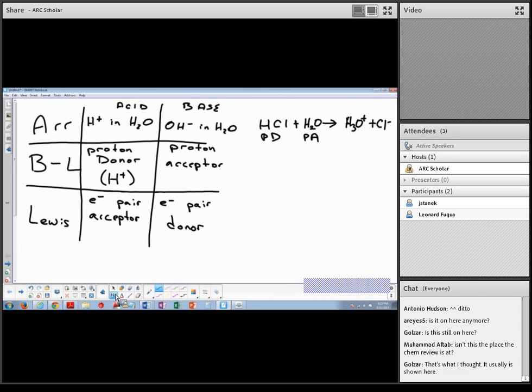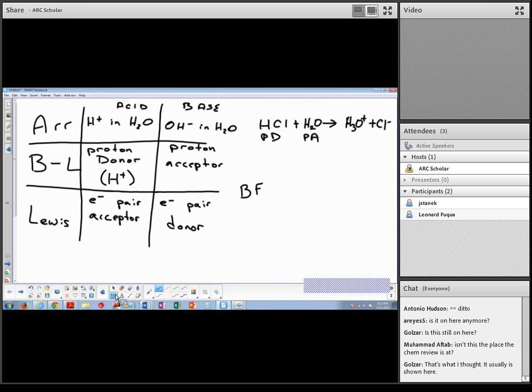Now, like Lewis acids and bases, things get a little more hectic here because it doesn't have to be in water, right? And it doesn't have to have a proton. So can anyone give me an example of something that's a Lewis acid or base? I know it's BF3.